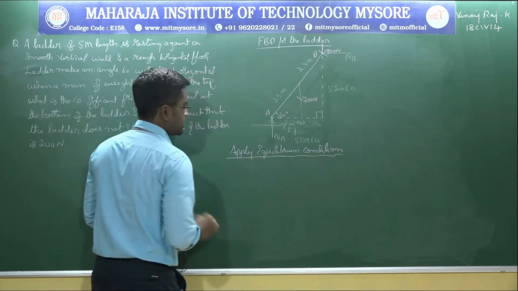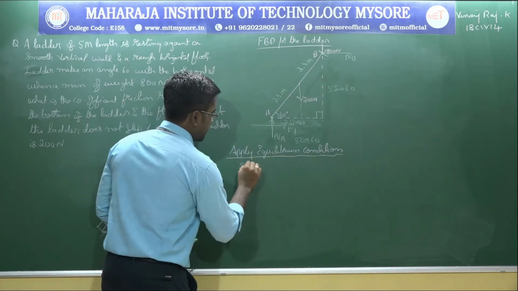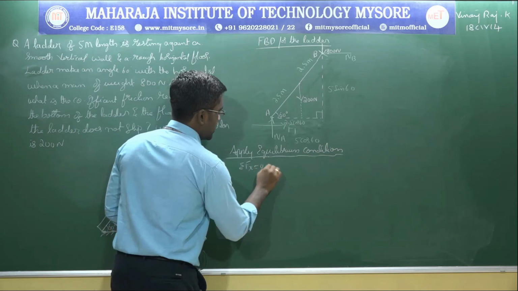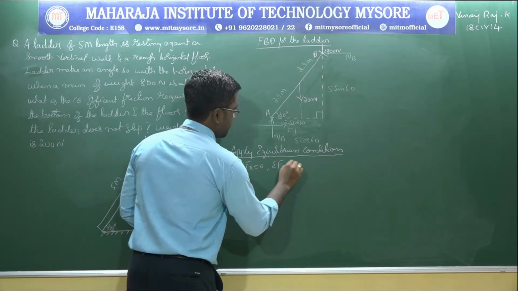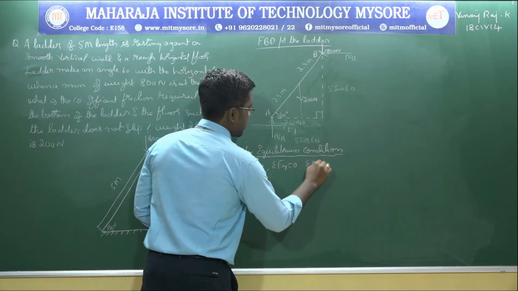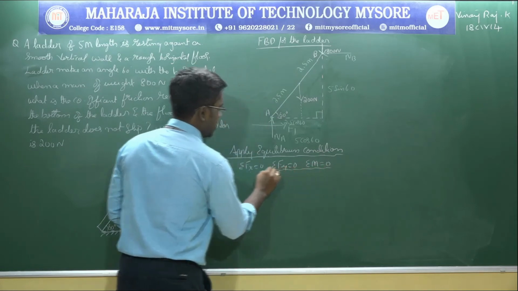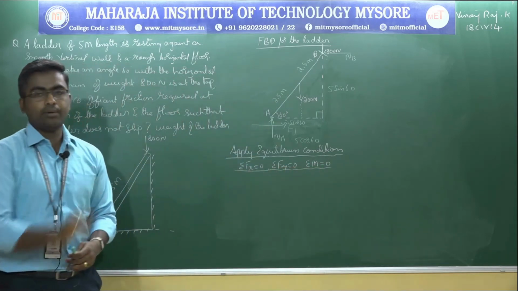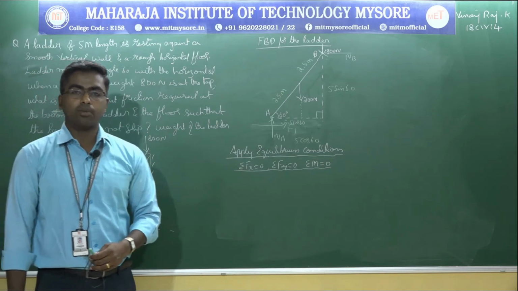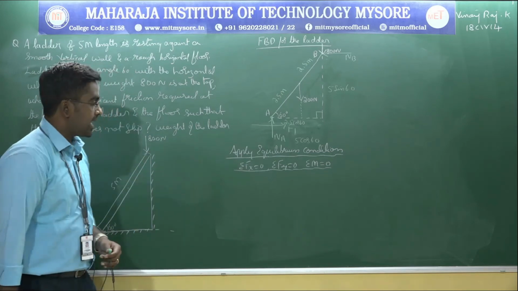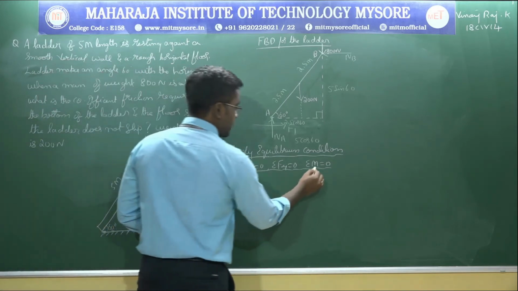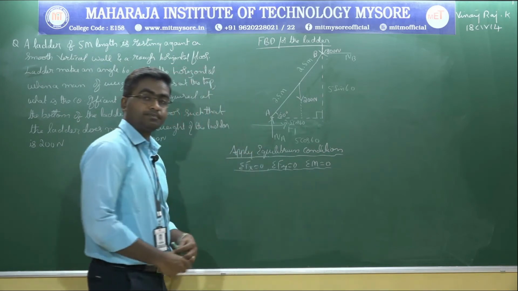Because it is a non-concurrent system, I can apply summation of Fx is equal to 0, summation of Fy is equal to 0, summation of M is equal to 0. I have to apply all 3 equilibrium conditions in order to solve this problem. So first let us apply the first condition, that is summation of M is equal to 0.